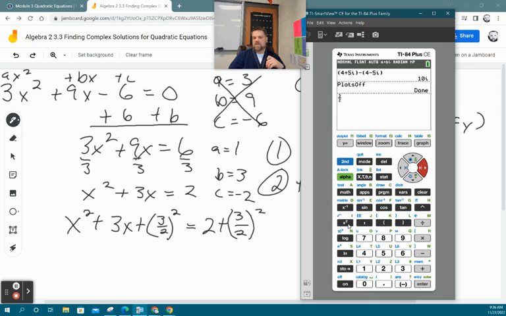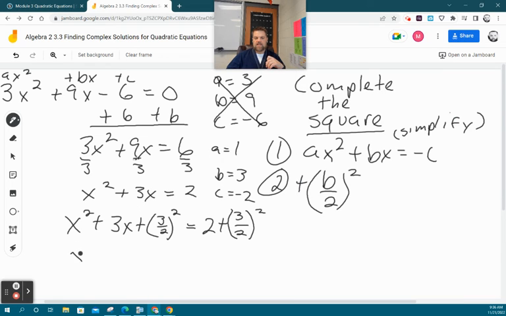And then just square it like this. Hit enter. And you get 9 over 4. So I've got x squared plus 3x plus 9 over 4. And then on this side, I've got 2 plus 9 over 4.